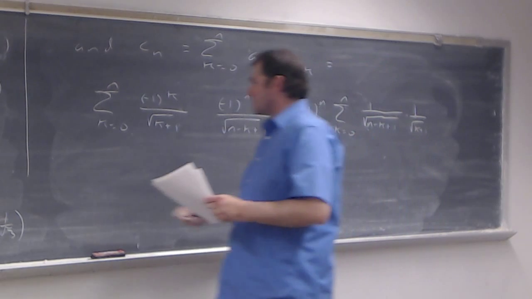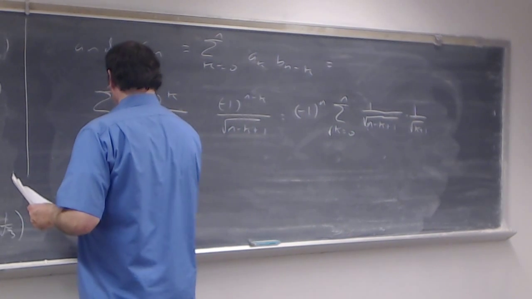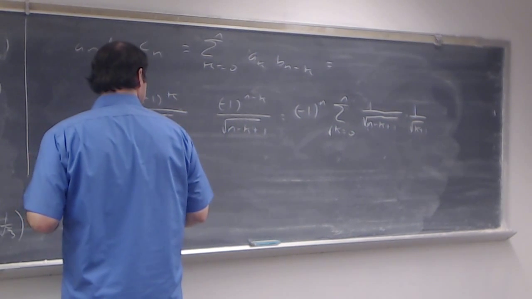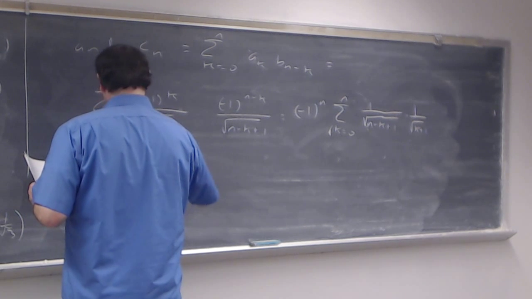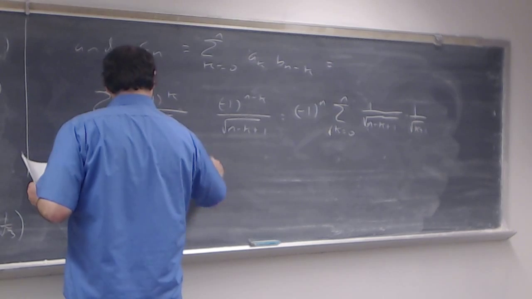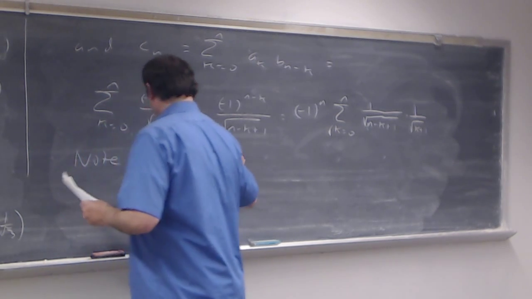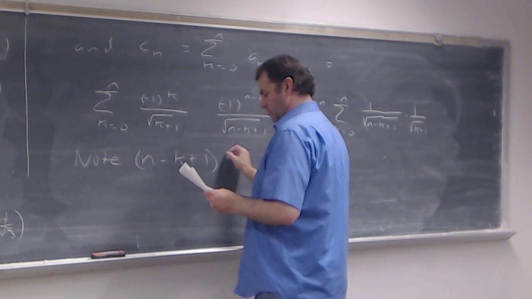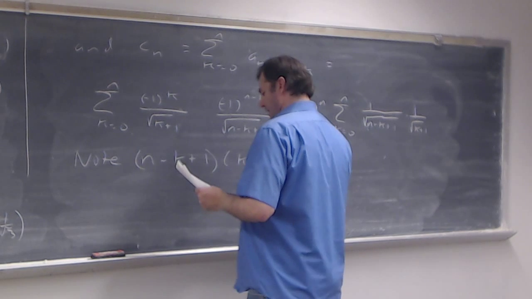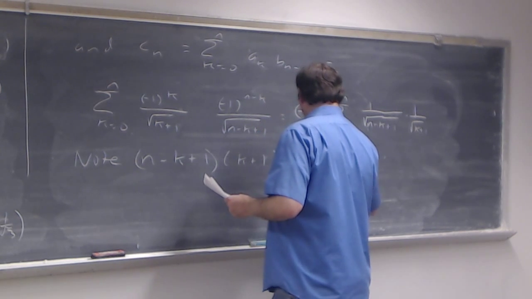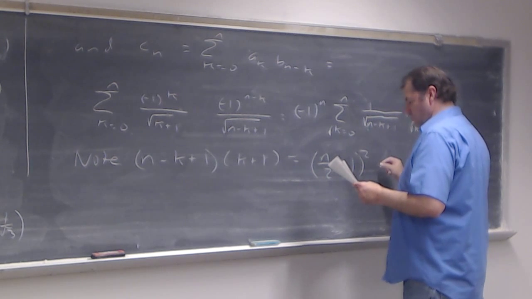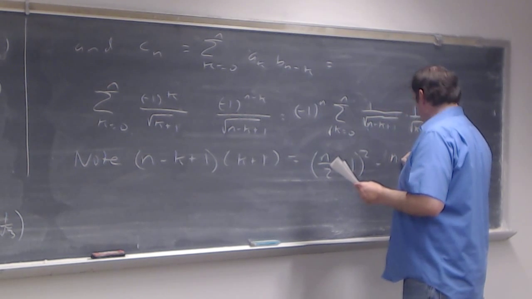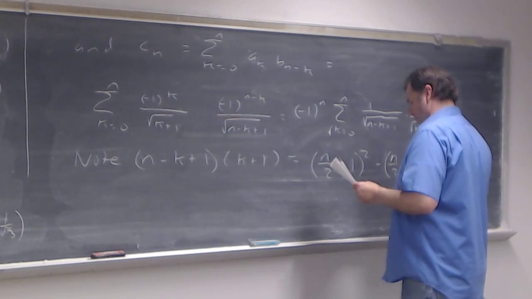All right, let's make an observation here about the denominator without the square root. Here's what I want you to notice. You can do this. It's just algebra here. If you make this observation that n minus k plus 1 times k plus 1 is the same thing as n over 2 plus 1 squared minus n over 2 minus k squared.